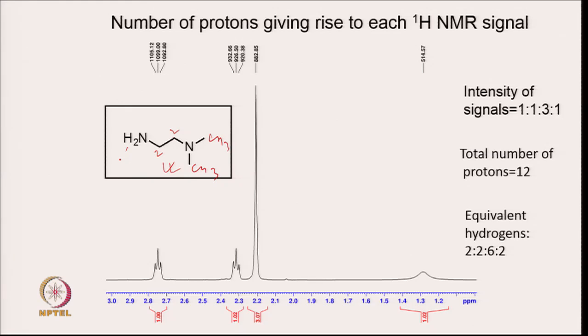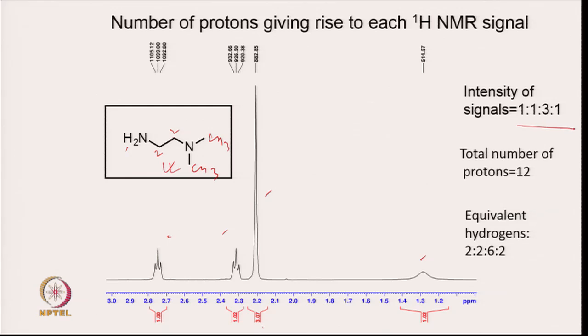So, you have 4 different kinds of protons, so you expect 4 different signals, and these 4 signals are here. And if you look at this intensity ratio, here is the ratio given: 1:1:3:1.